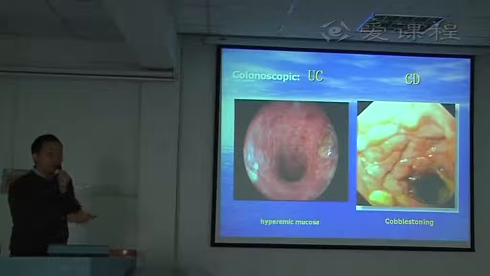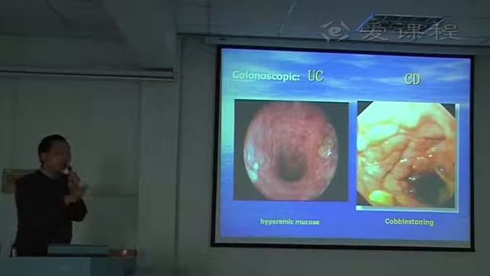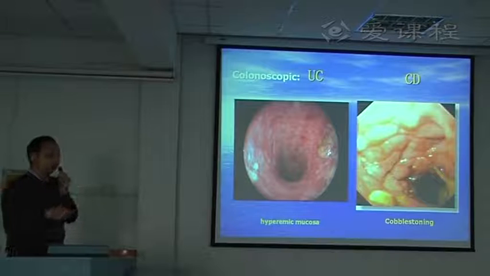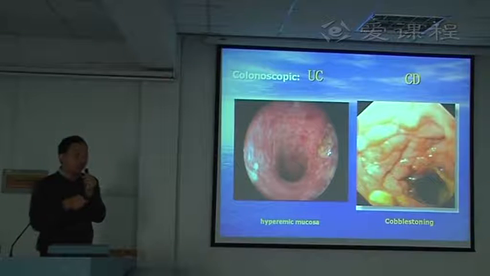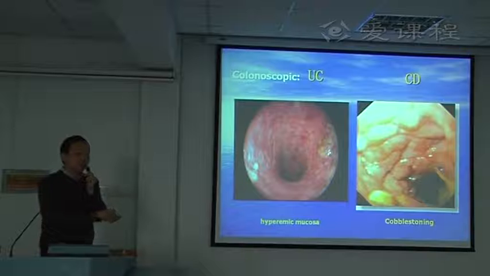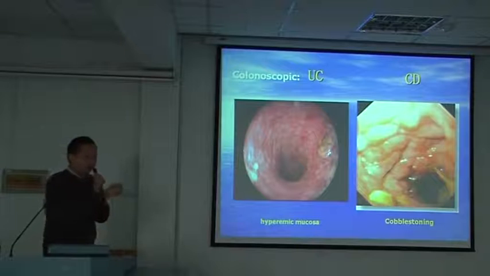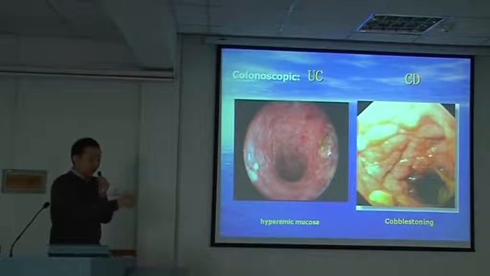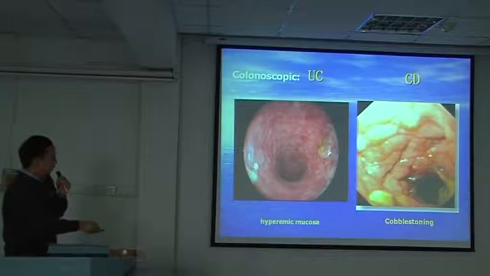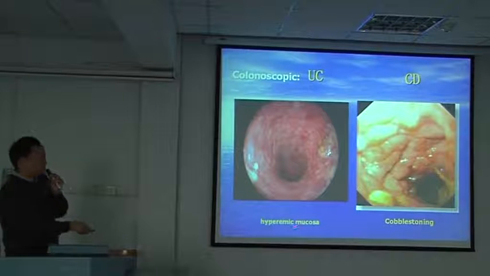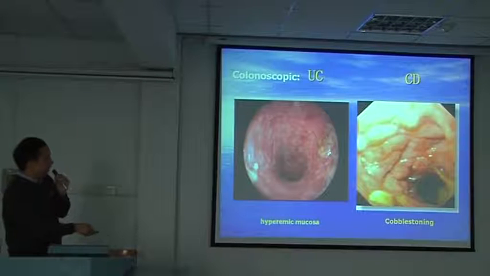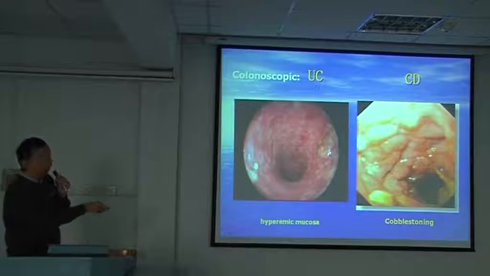Sometimes it may have ulcerations, but not all patients have ulcerations. The name is ulcerative colitis, but not every patient has ulcerations. So the typical lesion is hyperemic mucosa.